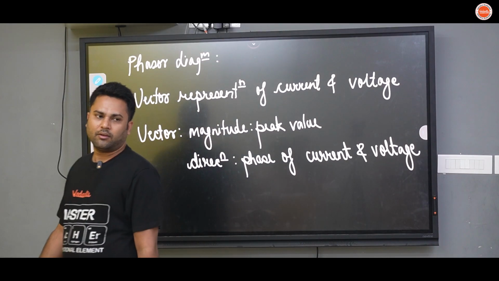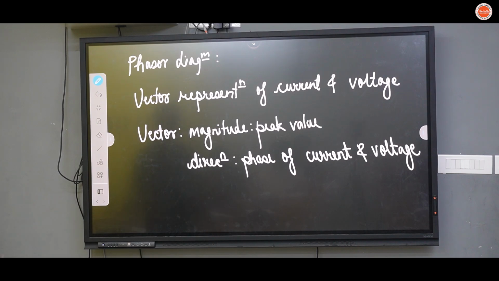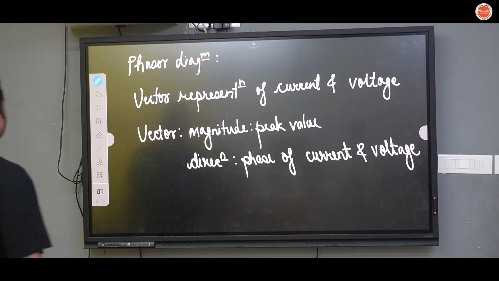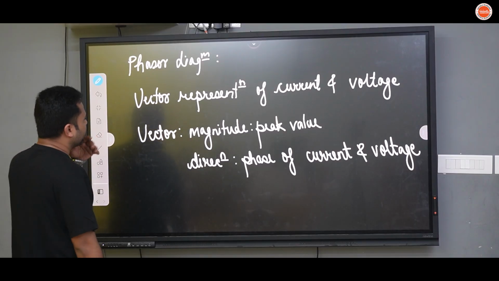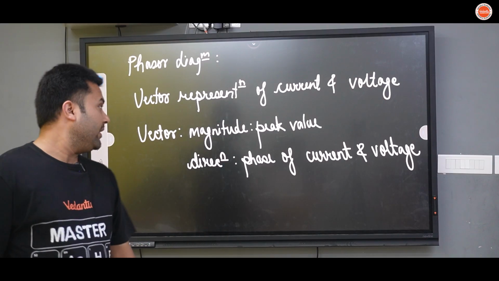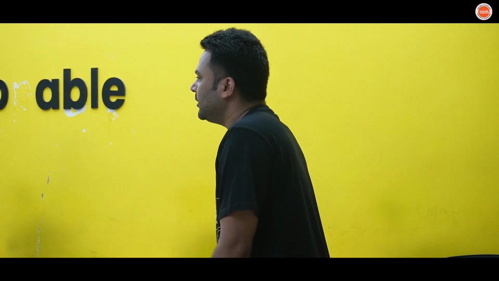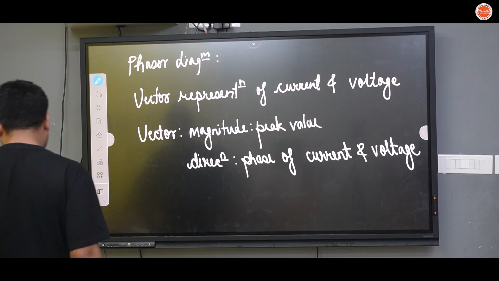Okay, if you want to write, you can write, you can leave out also, because this theory is not that much important here, but understanding of this phasor diagram is more important. But what is phasor diagram? It is a vector representation of current and voltage. If we represent them with a vector, magnitude will be the peak value and direction will be the phase of current and voltage.